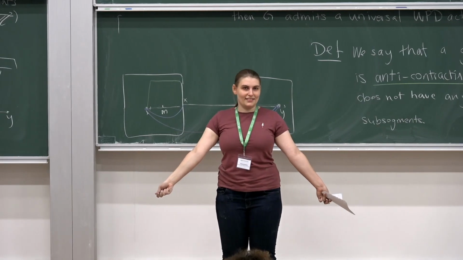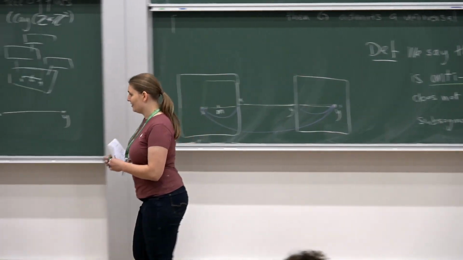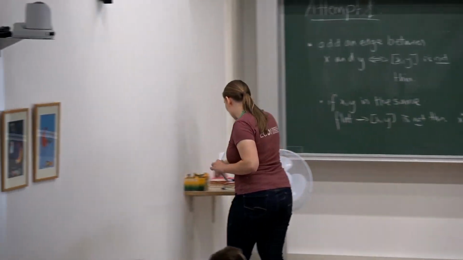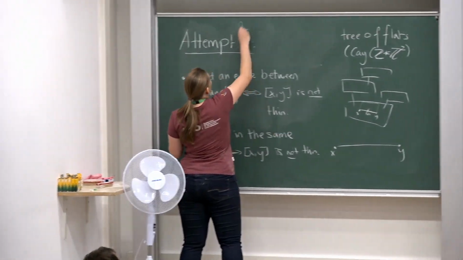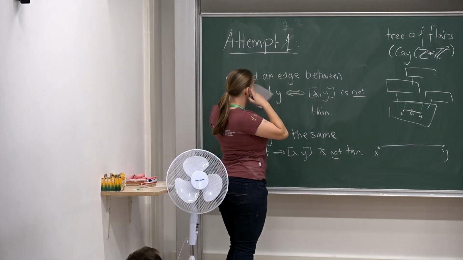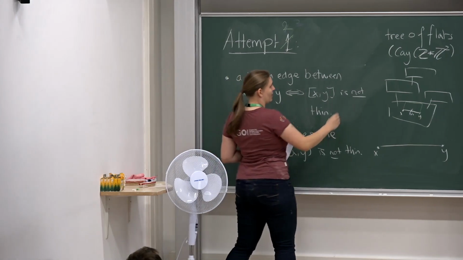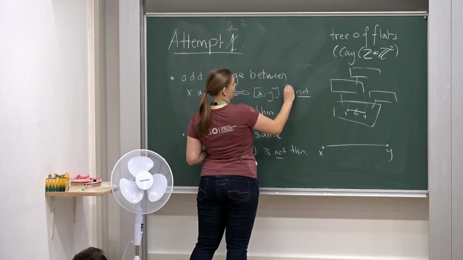And now we can repeat our procedure and do attempt 3 and say, well, we add an edge if it is anti-contracting.